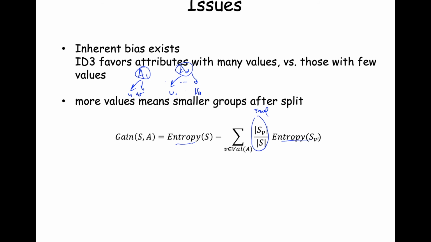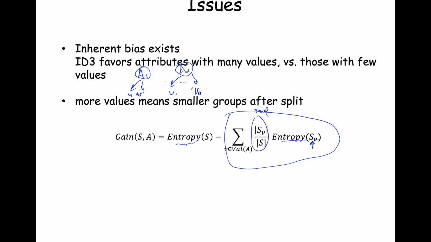And then this quantity is going to be a very large negative number because it's going to be fractional. It's going to be smaller entropy because if you only have 2 examples, that's less disorder than if you had 100 examples. And so when we do that, it's going to favor this portion being smaller, and so your information gain is going to be bigger. So entropy minus a smaller number is bigger versus entropy minus a larger number is going to be smaller. So it's always going to favor a more bushy or higher branching factor for the attribute.